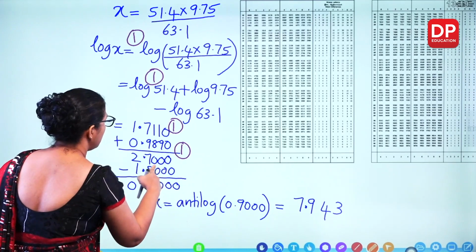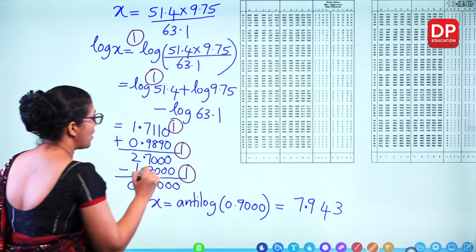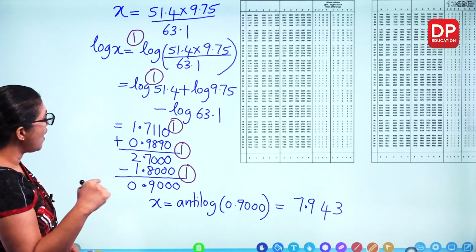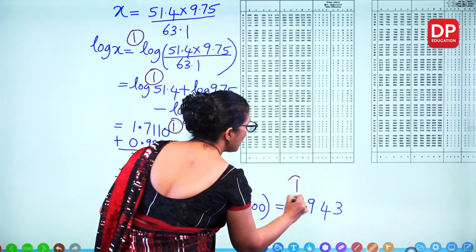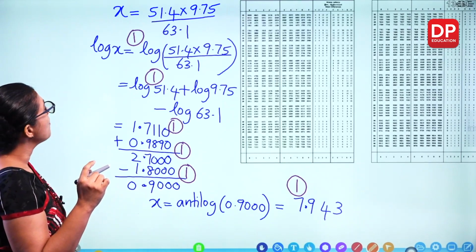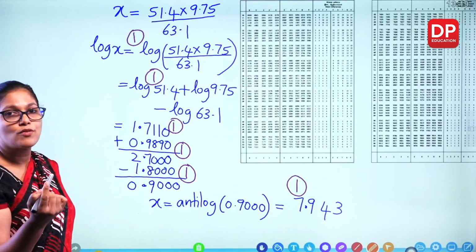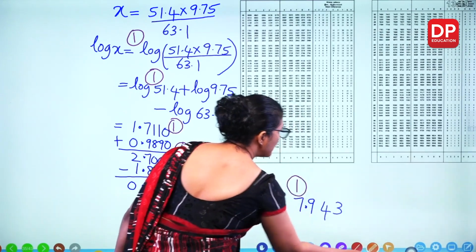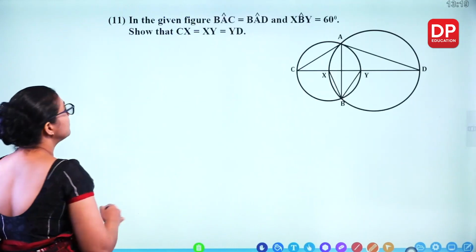And this value again 1 mark, referring that value, and taking the anti-log value, and answer is 7.943, 1 mark. So 1, 2, 3, 4, 5, 6. So altogether 10 marks. Now we'll take the next question.